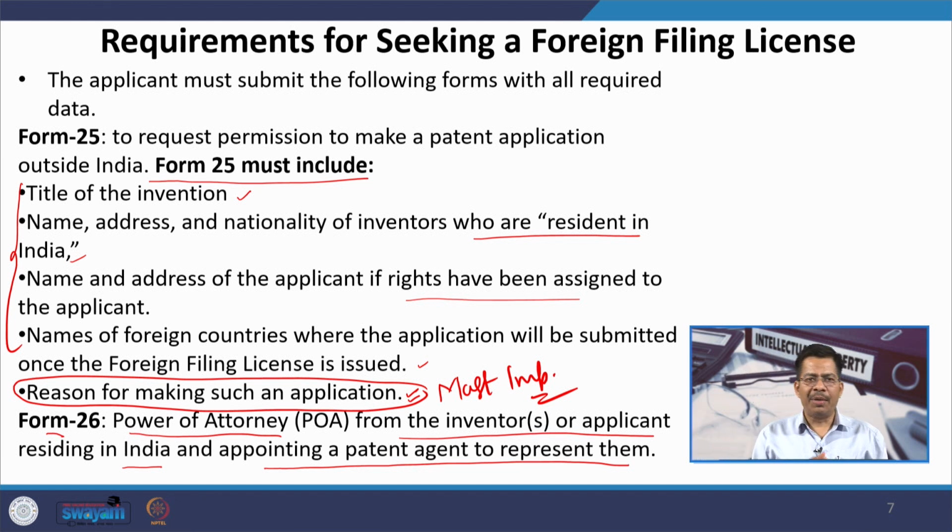So, you can appoint a power of attorney. Form 26 is available for that purpose, and using that power of attorney, this authorized representative can represent you to the patent office on your behalf.